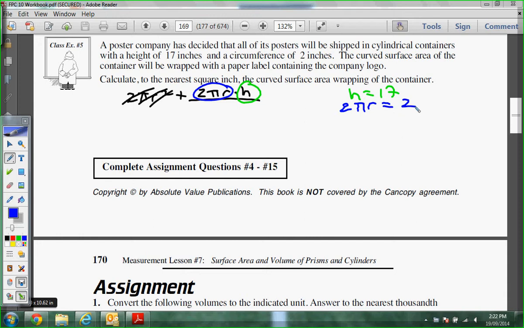So essentially, and it seemed like this looked really hard, all we're doing is 17 times 2, 34 inches squared. So every container needs 34 inches squared of that paper or the logo wrapper. Okay? All right.